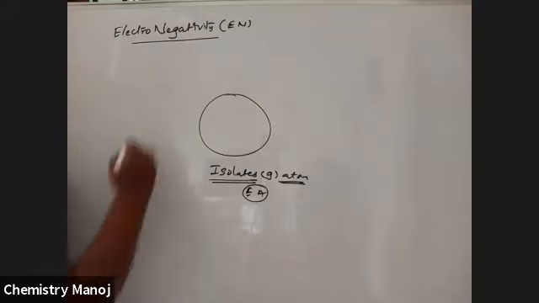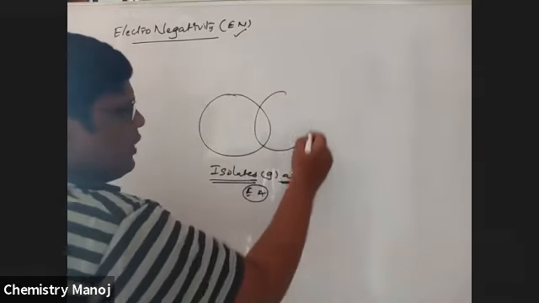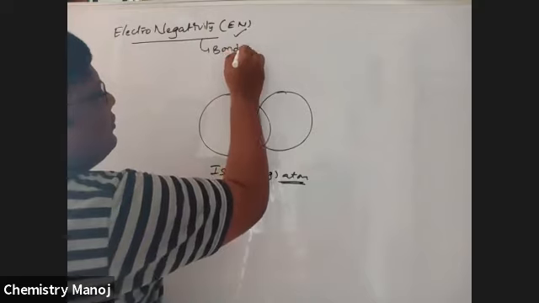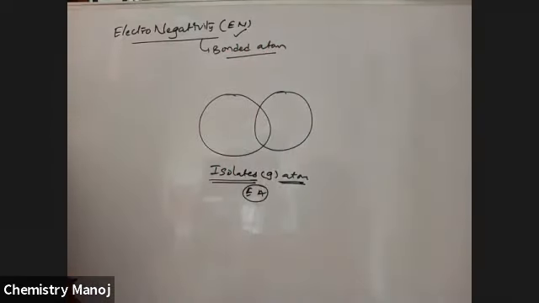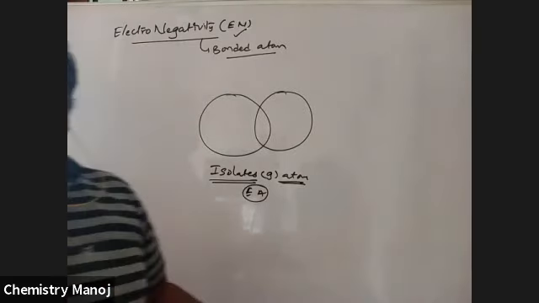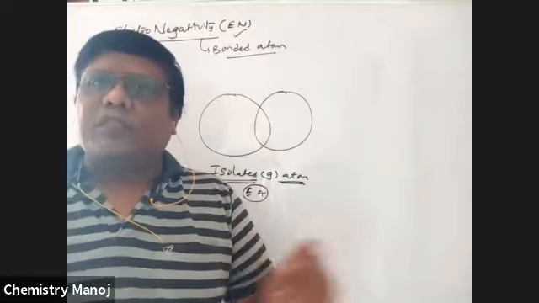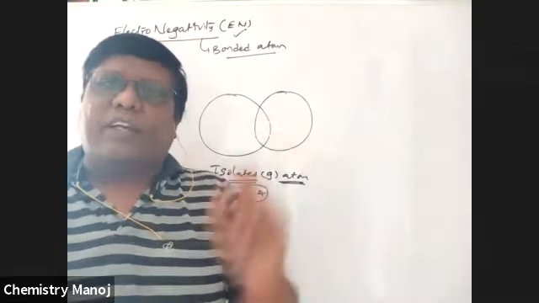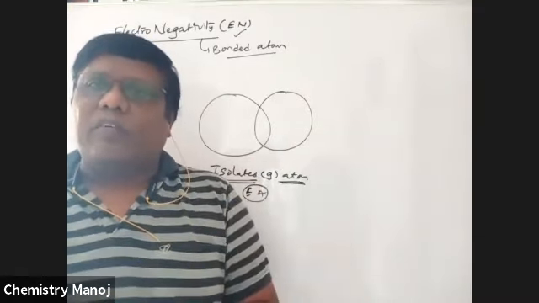But in electronegativity, the atom is bonded. Electronegativity is the concept of a bonded atom. It is no doubt for an atom, but one which is in bond formation. Electron affinity is for an individual, isolated atom. So there is a basic difference between electron affinity and electronegativity.